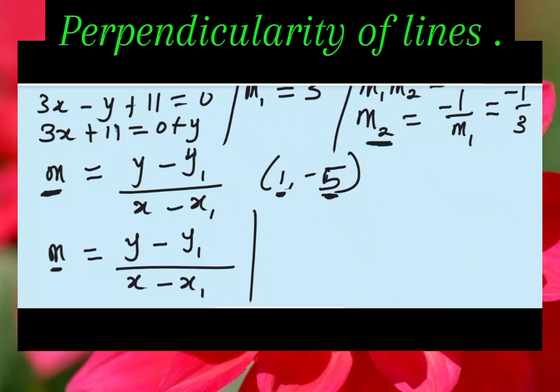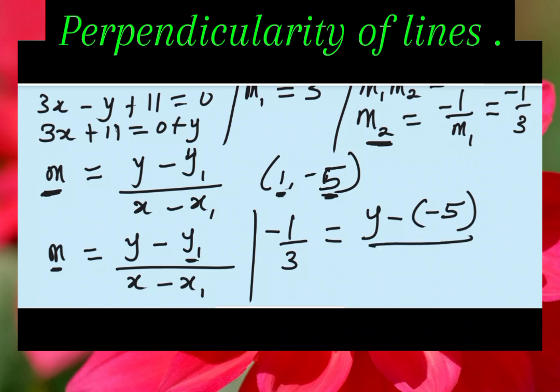So the gradient here, minus 1 over 3, is equal to y minus y1, where y1 is minus 5, everything divided by x minus x1, which is 1.